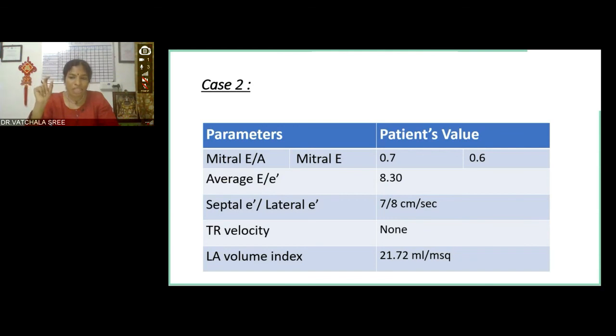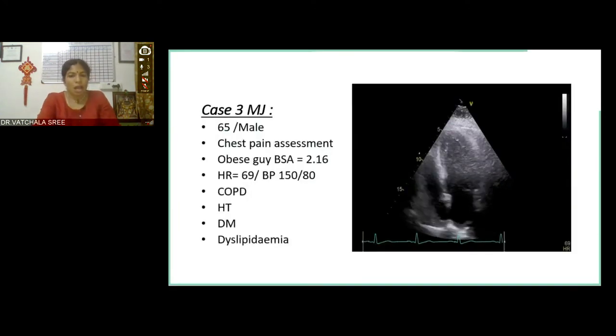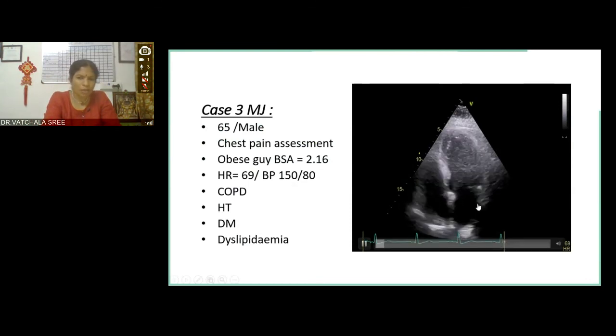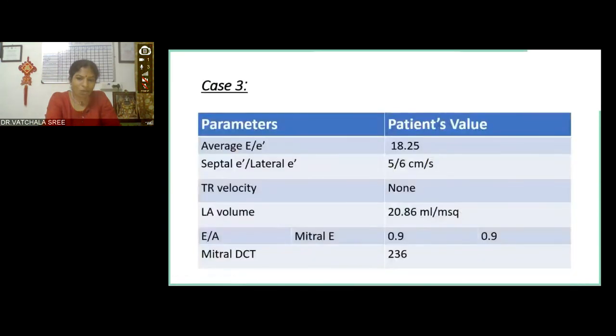See this gentleman, patient 3. When you look into the 2D image, he has hypertension, he's quite obese, and the LA appears dilated. But actually his measured indexed LA volume was only 20, so it is less than 34. There's even a saying which says the more you know, the more you realize how less you know.